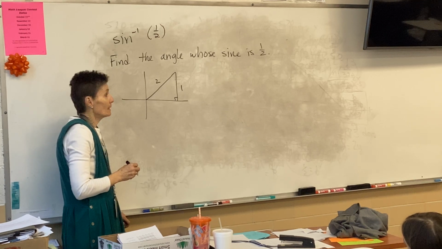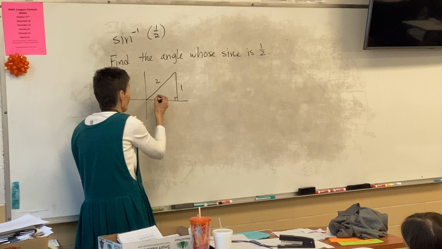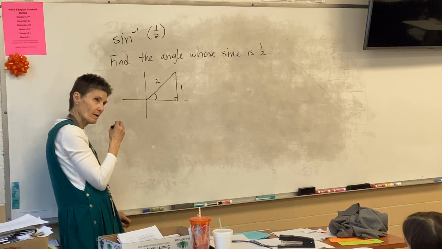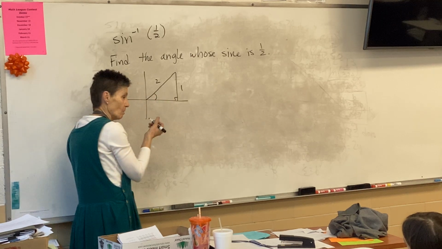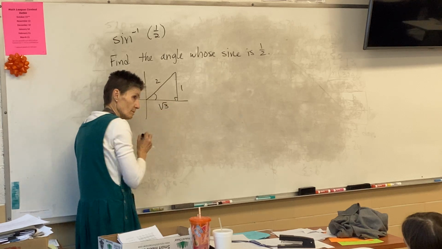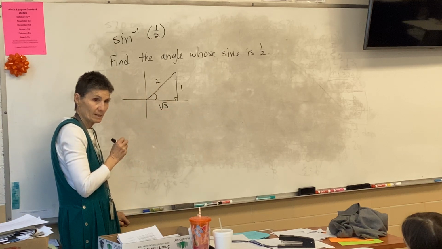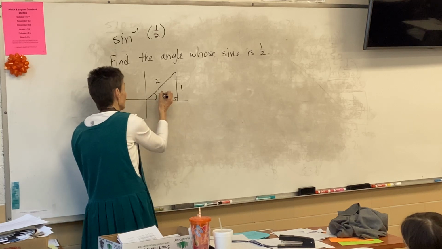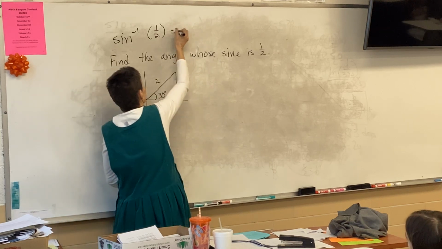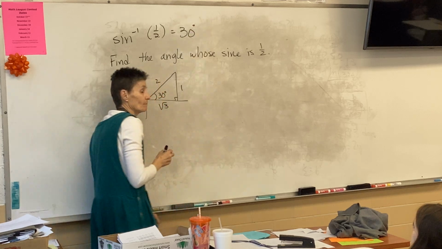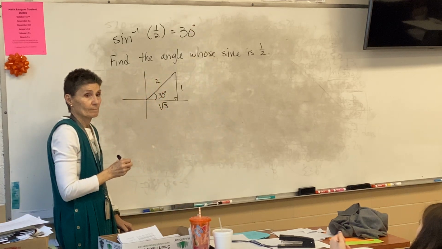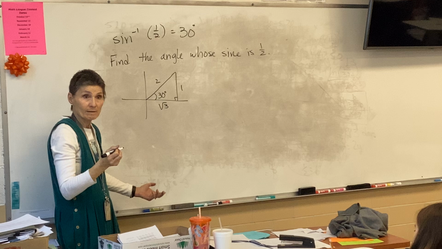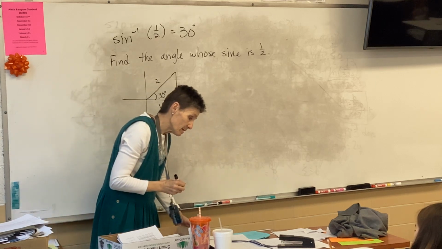And I need to know what this angle is. Do I have enough information there, or should I go ahead and put the √3 here? It's not really part of the problem, but that might help. What angle is this right here? 30 degrees. So the answer to the question is 30 degrees. Okay, easy.